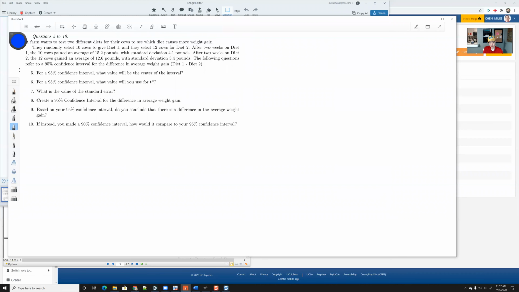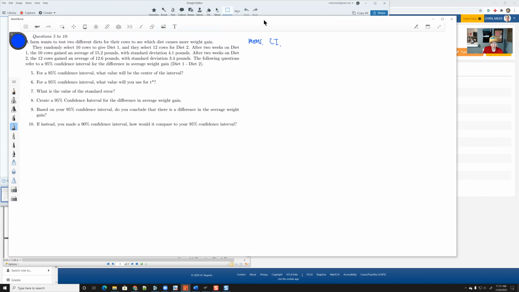We are dealing with means, right? Because we're talking about pounds, not proportions. So we've got means, and it talks about a confidence interval, so we're going to do a confidence interval. And how many samples do we have? Are they paired or independent?